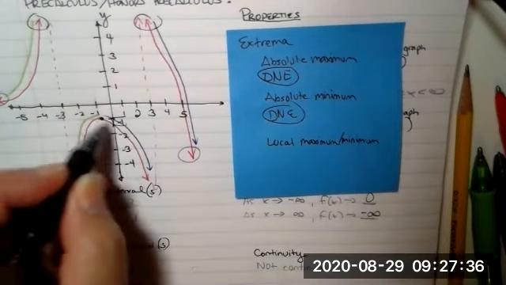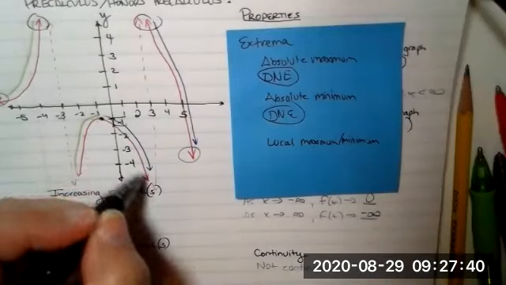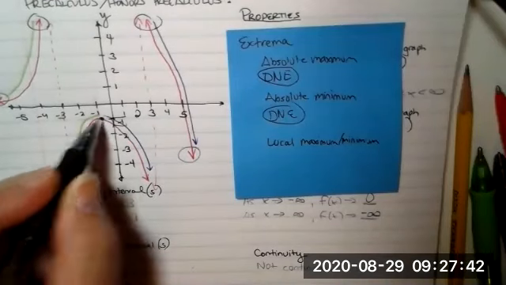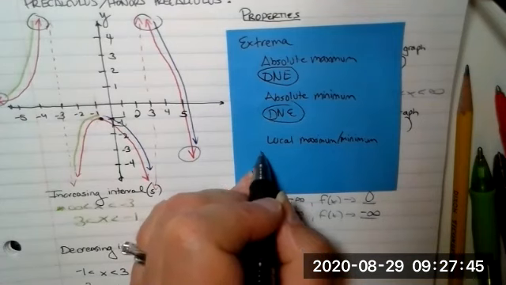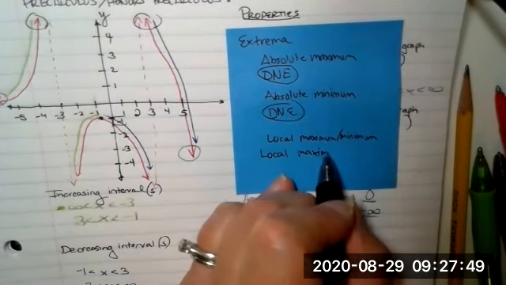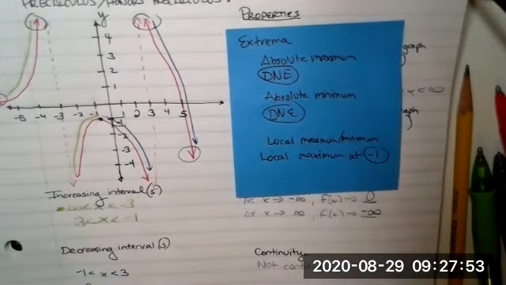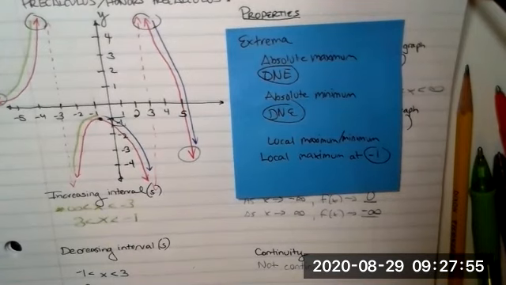There is a peak. We're looking for peaks and valleys. There's a peak where the graph changes from increasing to decreasing right here at -1. So there is a local maximum at -1.